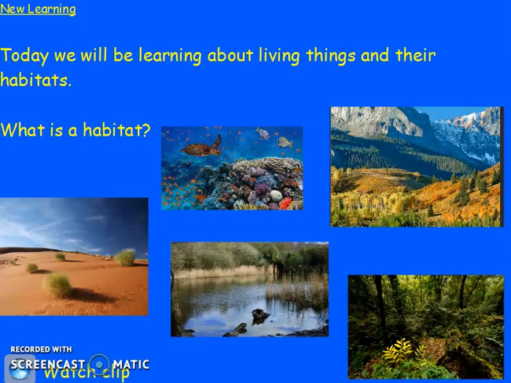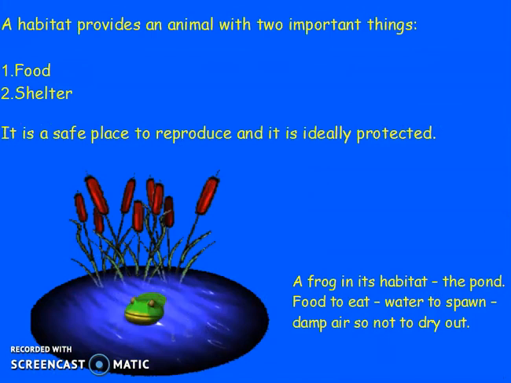Welcome back, Year 4. Did you watch the video clip? I hope that gave you more of an insight as to what habitats are and the type of animals that might live in which habitat. So, just to summarise, a habitat provides an animal with 2 important things. It gives it food and shelter.